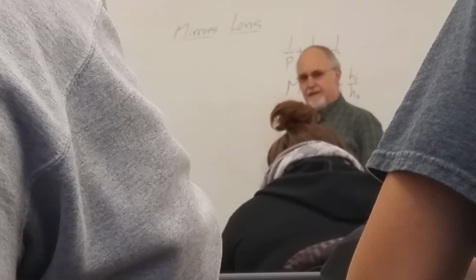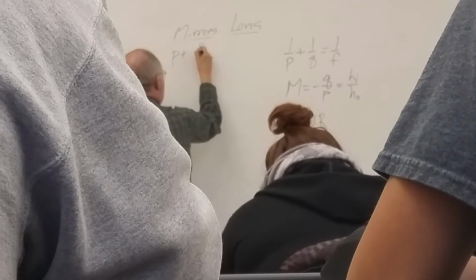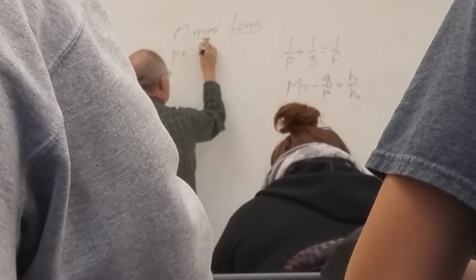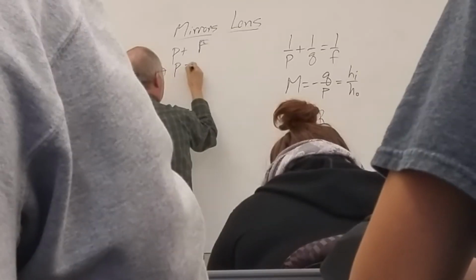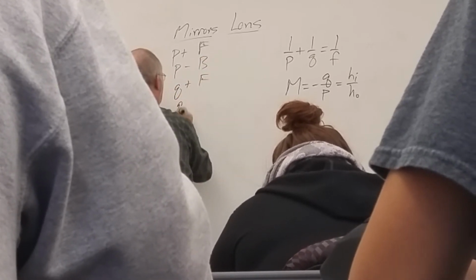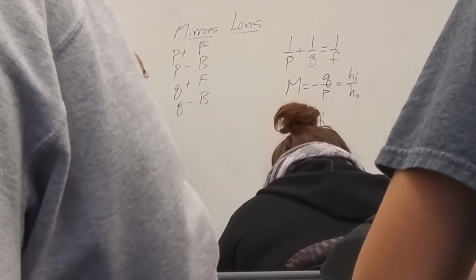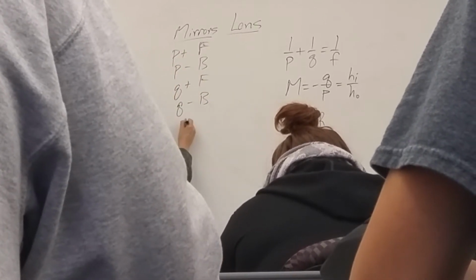As far as sign conventions, for mirrors, positive on the front side, negative on the back side. And that's true for image or object or focal length.